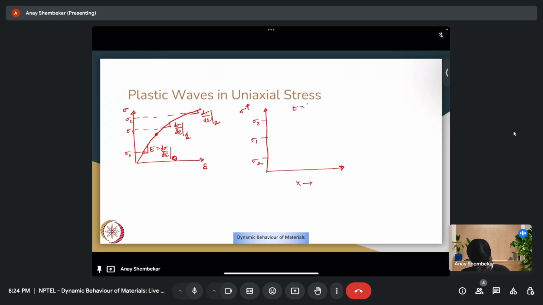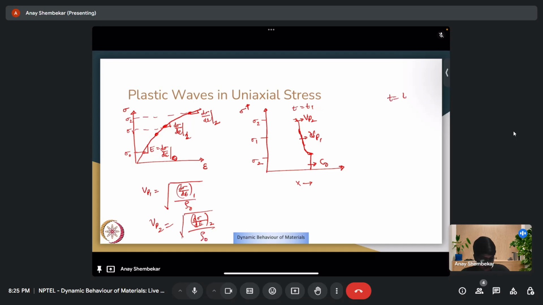And at t equal to t1, we have a wave that is pretty much flat. This moves with velocity c naught. This part would move with velocity Vp1, and this would move with velocity Vp2. Vp1 is nothing but the square root of dσ/dε at 1 upon rho naught, and Vp2 from this point is the root of dσ/dε at 2 upon rho naught.